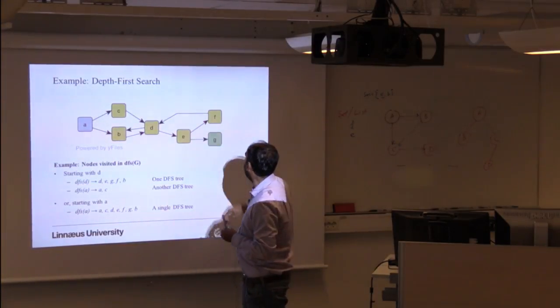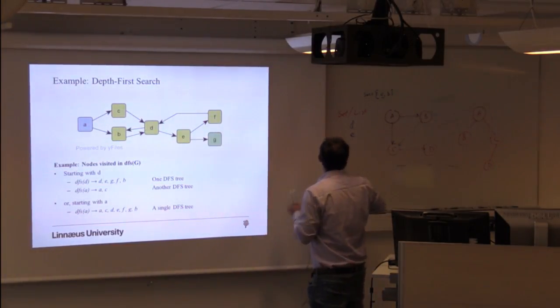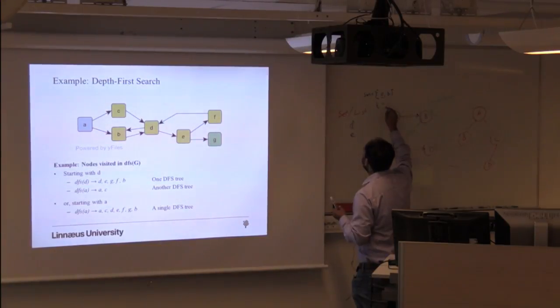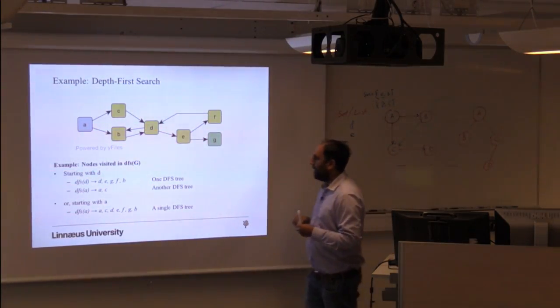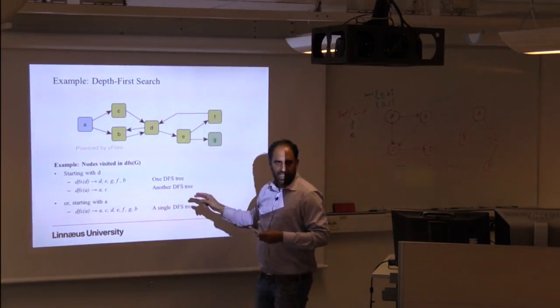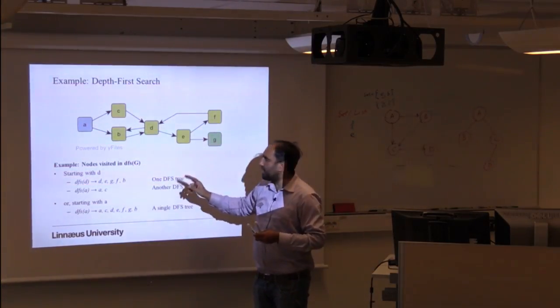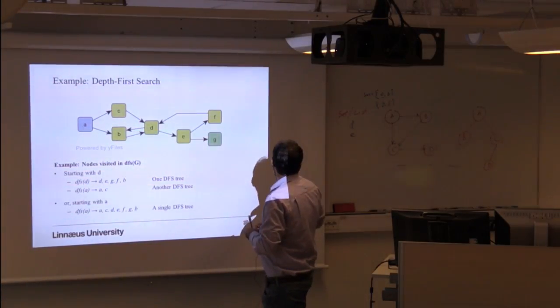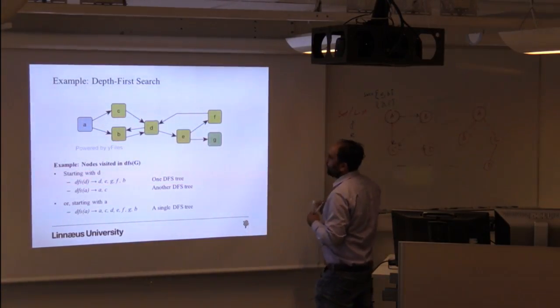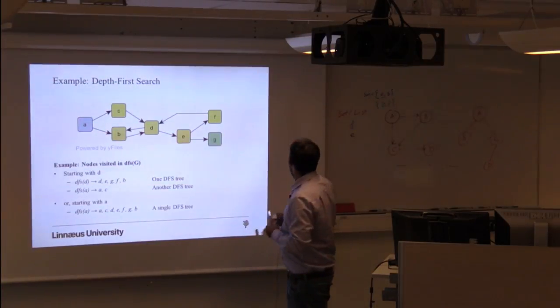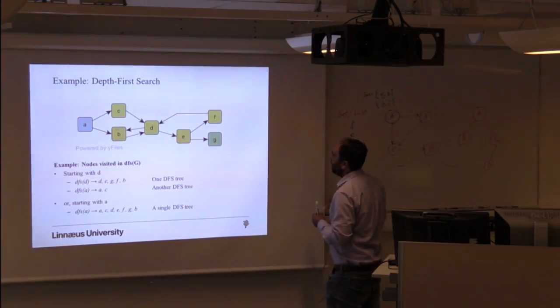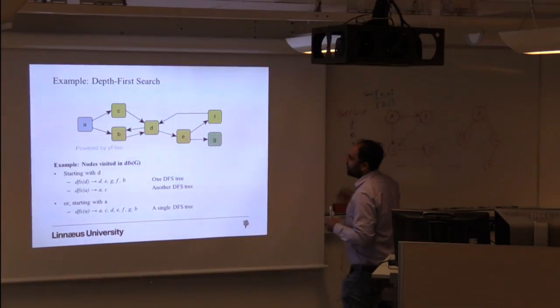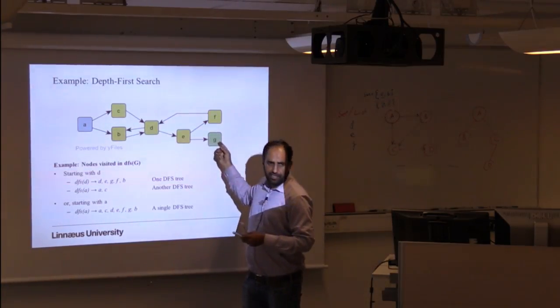Yes, E also has successors G and F. So I recursively call the depth first algorithm again on E, and on one of these, G. I go here and add G to the visited list, and then I check, does G have successors?